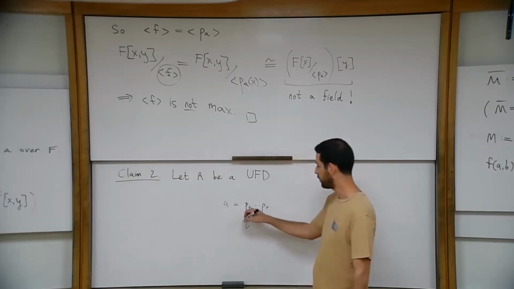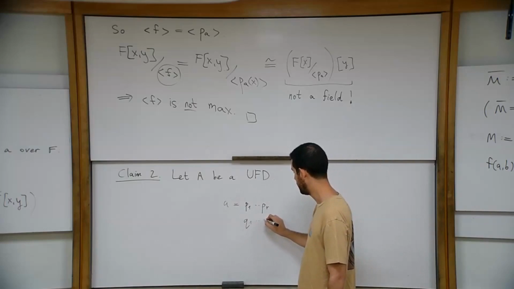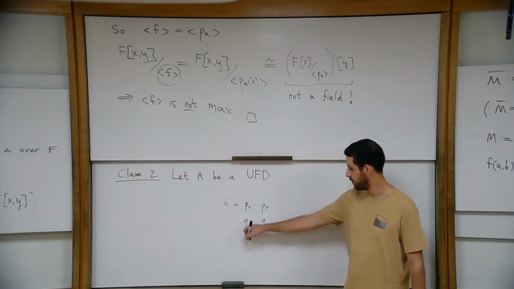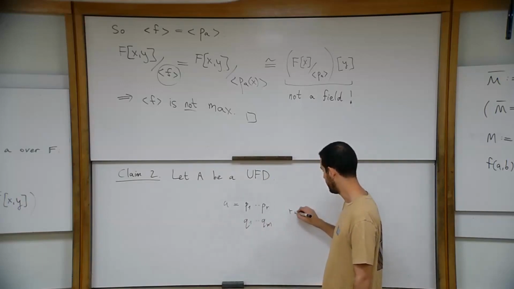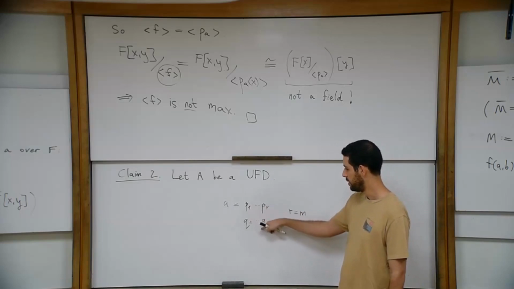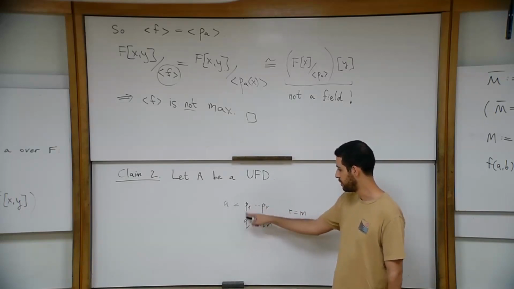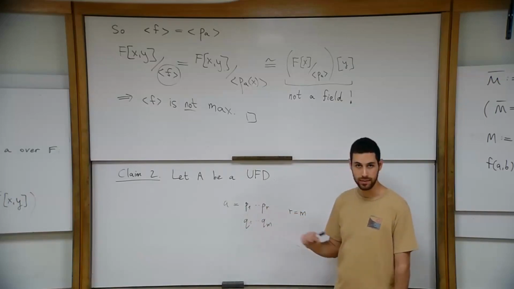So if A is the product of P1 to PR, where all these are irreducible, and it's also the product of Q1 to Qn, where all of those are irreducible, then R and n are equal, and up to permutation of the indices and maybe multiplication by a unit, all the P's and the Q's are the same.